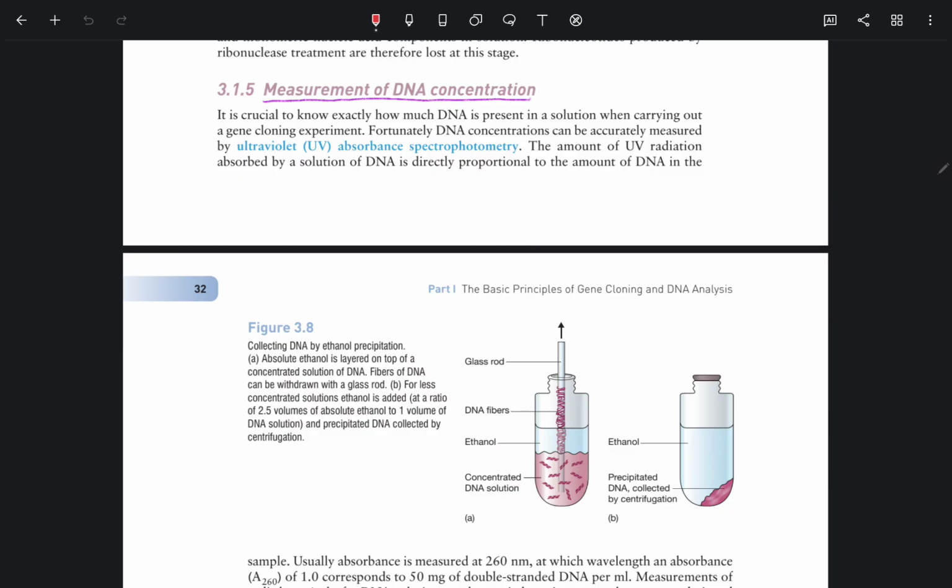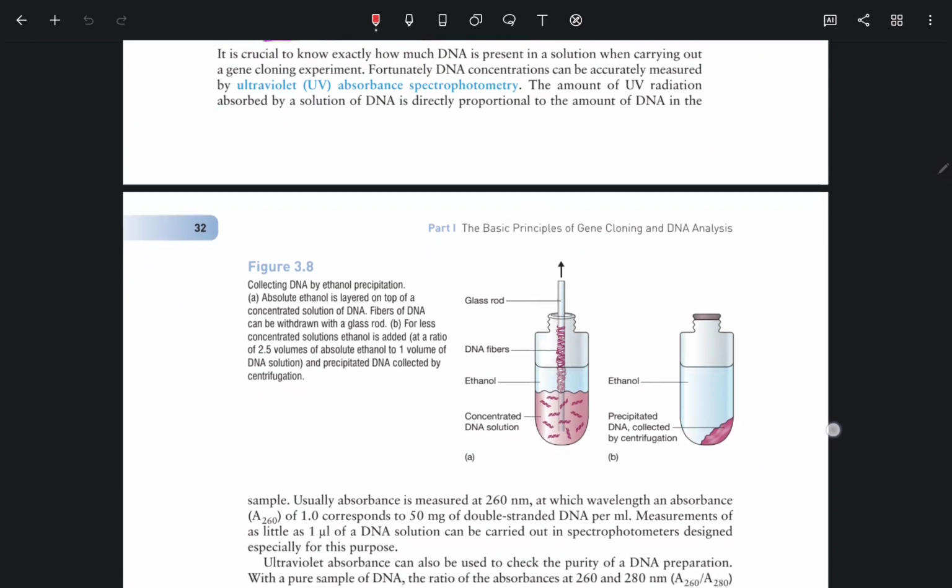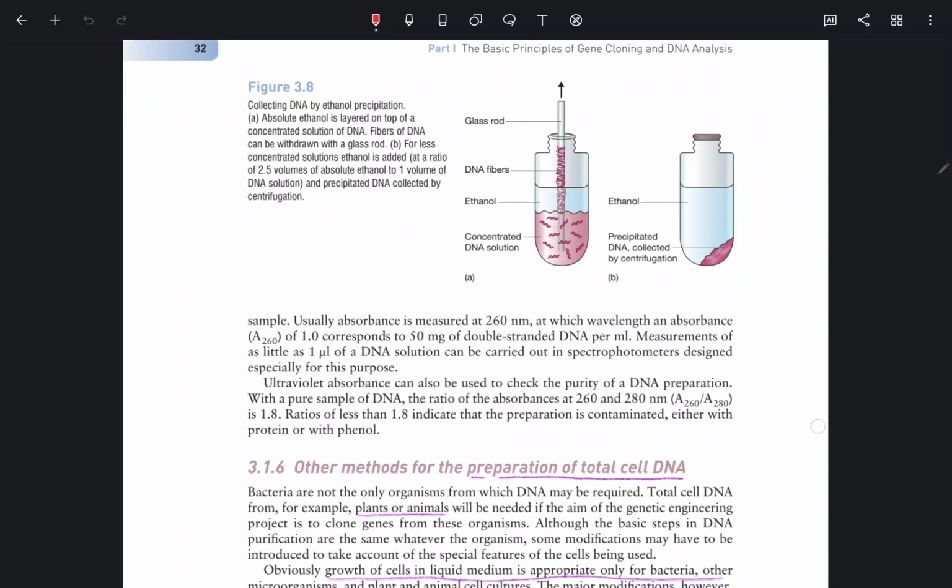The amount of UV radiation absorbed by a solution of DNA is directly proportional to the amount of DNA in the sample. Usually, absorbance is measured at 260 nanometers.